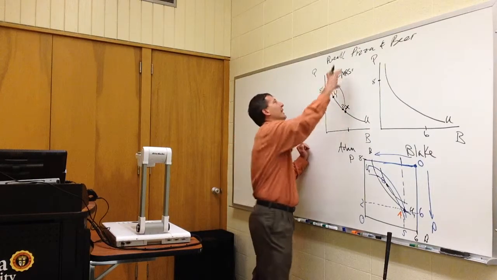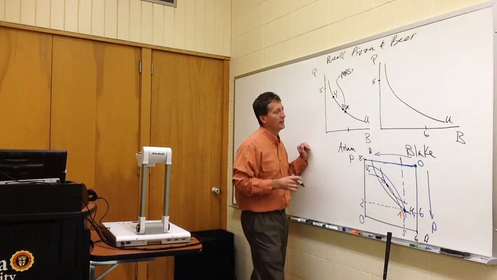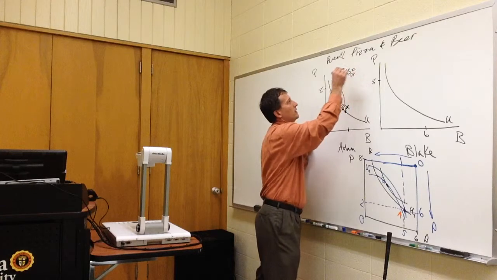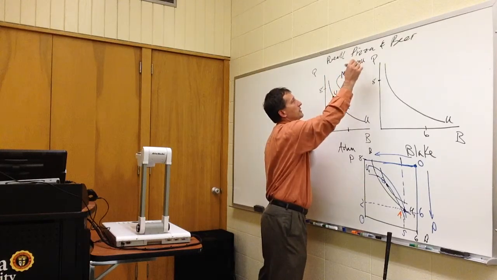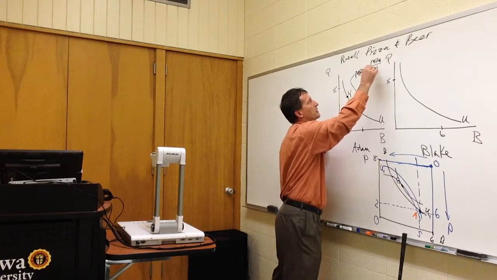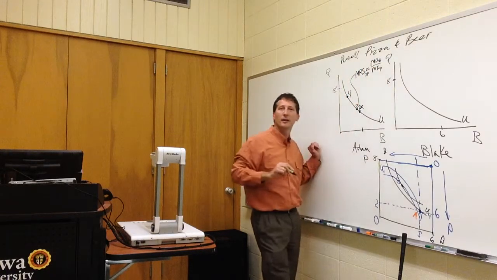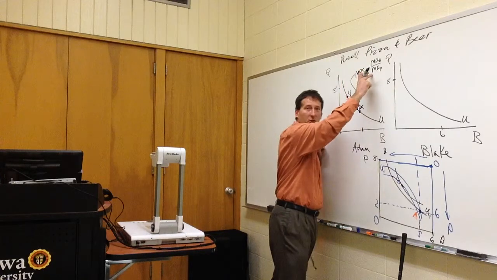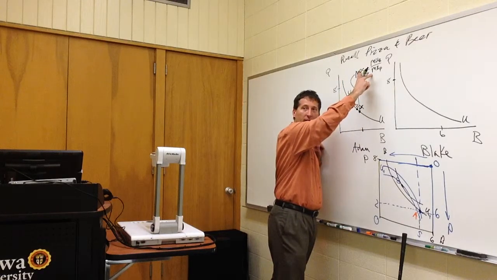What was the rest of that? Marginal rate of substitution of beer for pizza was equal to, good, marginal utility of, which one went on top? Beer divided by the marginal utility of pizza. This was Adam's preferences of his willingness to trade one good for the other.